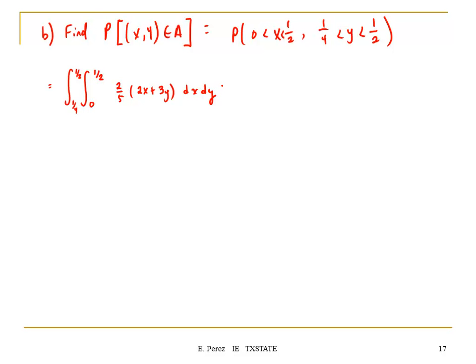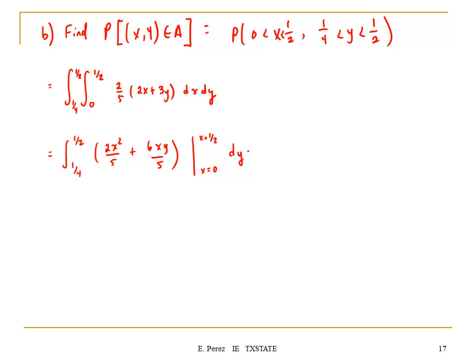Okay. So again, if you integrate with respect to x first, you need to provide the limit for x first. If we solve this, it is going to be equal to the integral from 1/4 to 1/2 of 2x squared divided by 5 plus 6xy divided by 5, evaluated from x equals 0 to x equals 1/2.